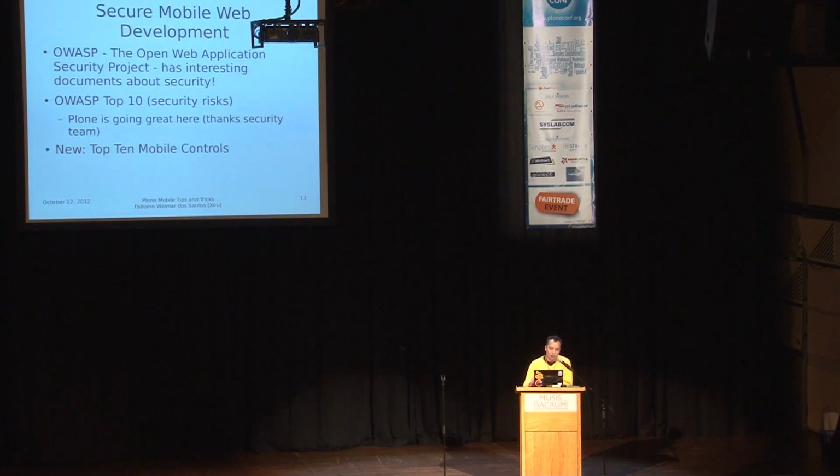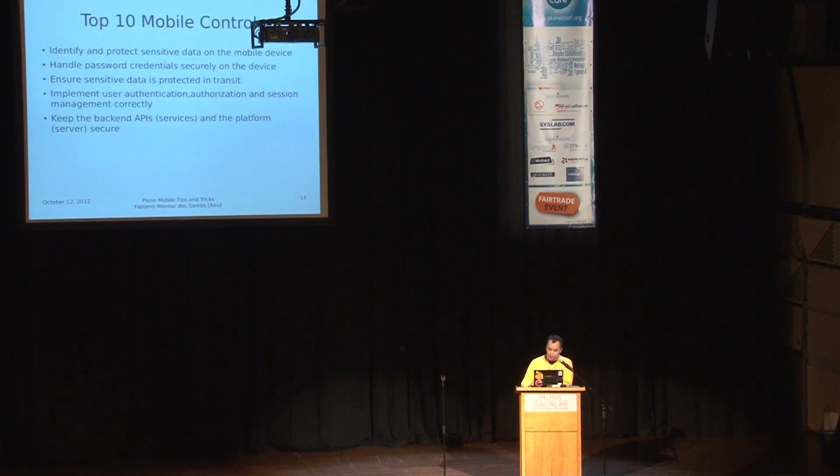Some months ago, they published something new called the Top 10 Mobile Controls. It's a document very similar to the OWASP Top 10 Security Risks, of which we had a version in 2007 and another in 2010. But the new one about mobile controls is brand new.